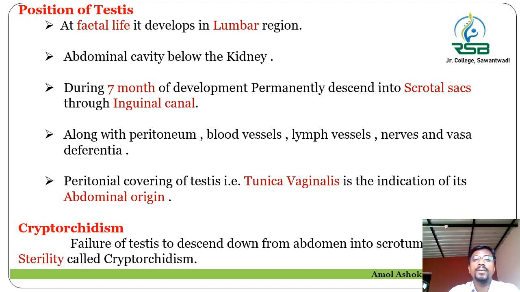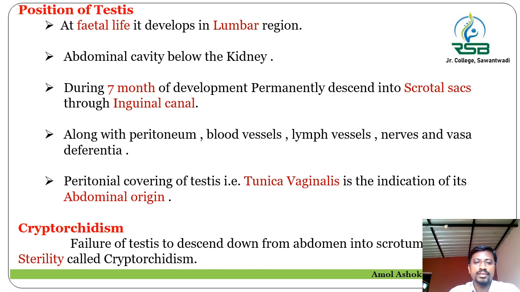During the 7th month of development, the testes descend down into the scrotal sac through the inguinal canal, and with the descent of the testis, other structures like the peritoneum, blood vessels, lymph vessels, nerves and vasa deferentia also descend into the scrotal sac.